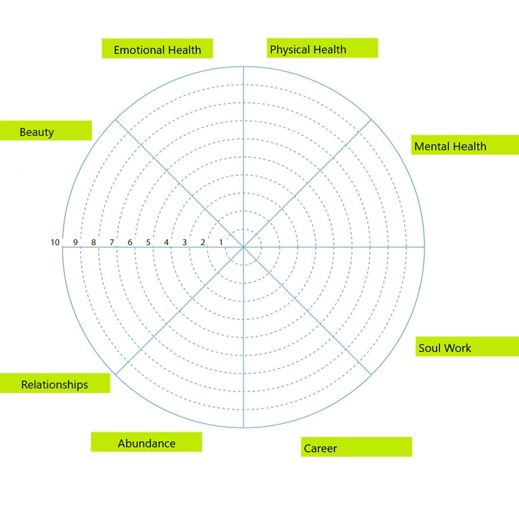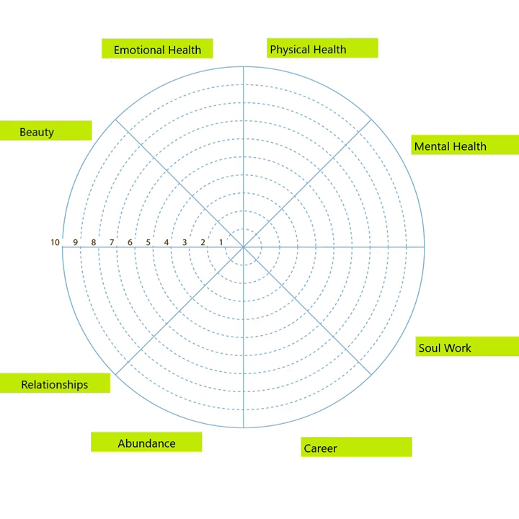So you will see that there are 8 parts of the wheel, 8 different areas of life that we are trying to cover based on the concept given by Ayurveda, that there are 4 purposes: the dharma, artha, kama, and moksha, which basically means our purpose of being here on this earth, our resources in form of time, money, energy, the beauty around us, the pleasure, the self-care, and the spiritual enlightenment aspects are all balanced, and the basis for the balancing of them all is a healthy body and mind.